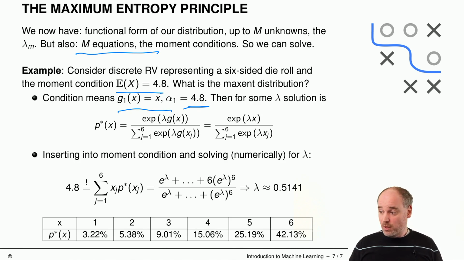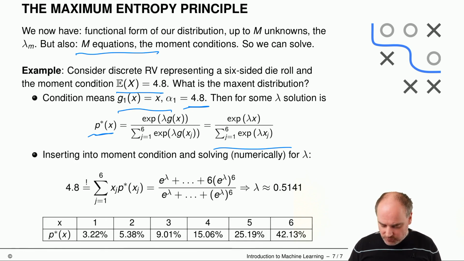So now we already know the functional form of our probability mass function. It's exp of lambda times g of x. g was the identity, so it's simply exp of lambda times x, and there's just one lambda because there's just one moment condition. In the denominator we sum over all of the events of exp of lambda times x_j.